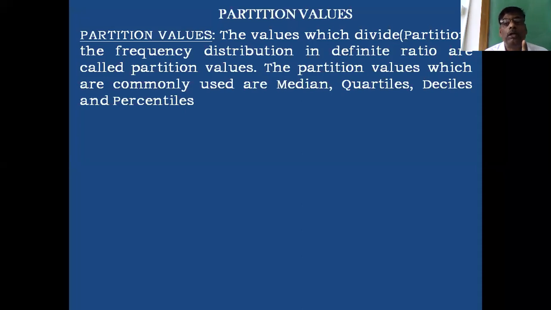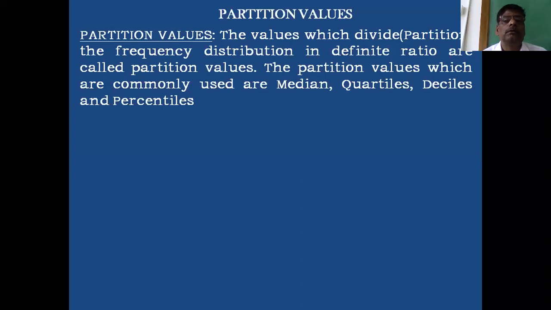That is called the median. Remember this. Once again, I will explain it in detail. But in general, you remember the total frequency is divided into 2 parts and one value is ascertained, and that value is called the median.